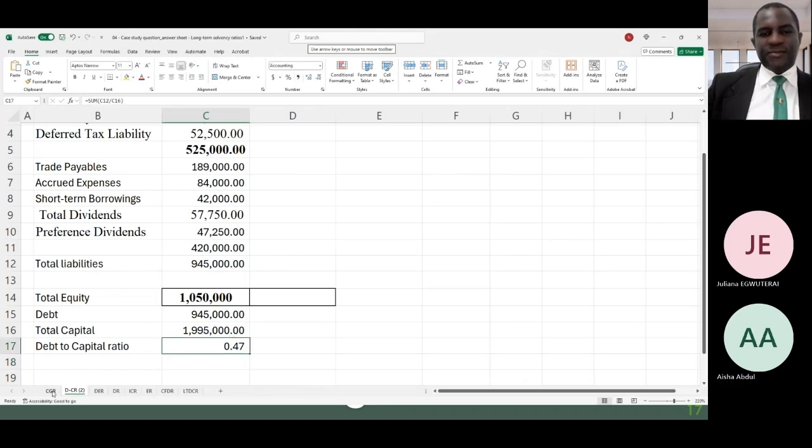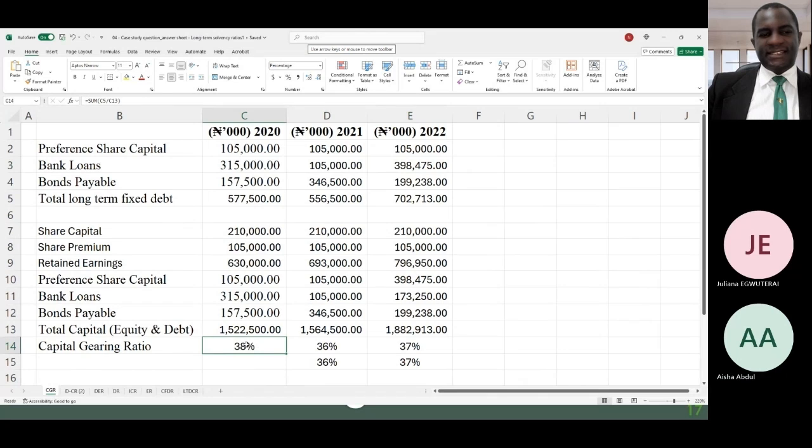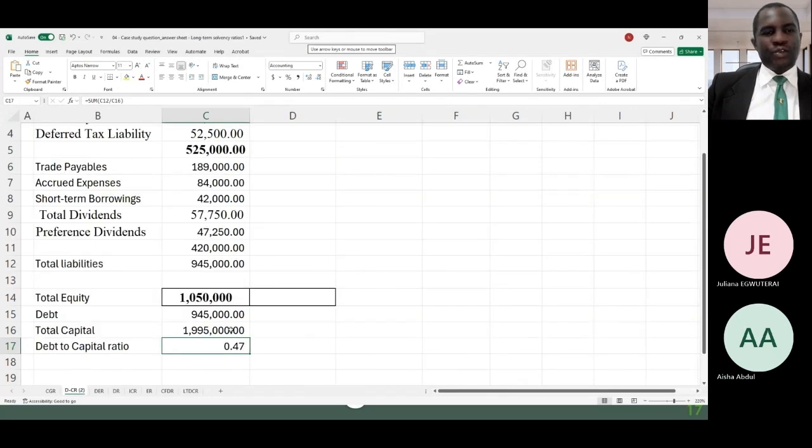You can see it's different from gearing. Gearing is 38, so this is 47. So your total debt, current and non-current, is 47% of your capital. Since it's debt to, we'll just do it like this: 0.47 is to 1.00.